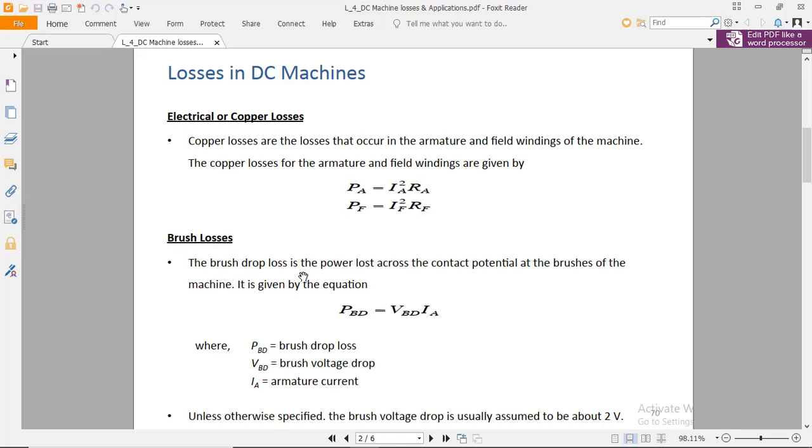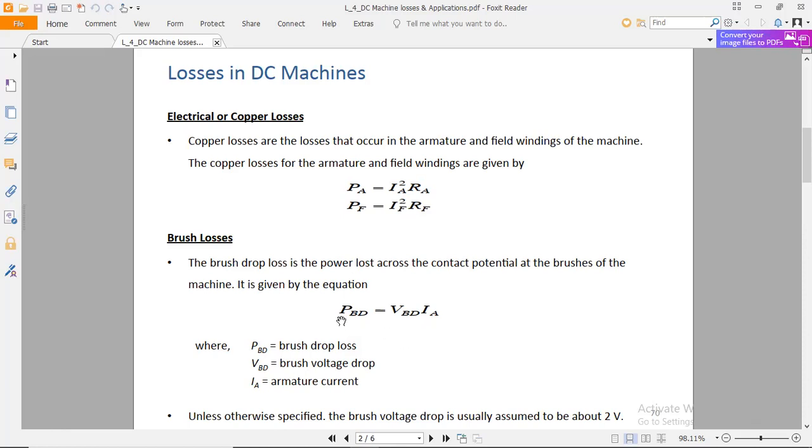The brush drop loss is the power lost across the contact potential at the brushes of the machine. It is given by the equation: the power of brushes equals the voltage drop on the brush multiplied by the armature current.